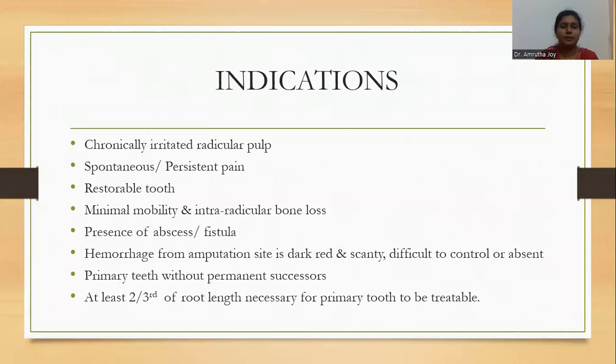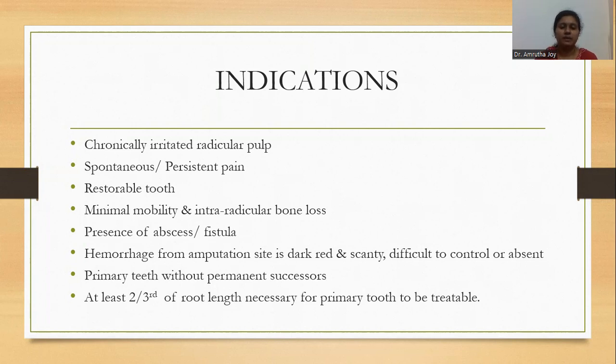Coming to the indications of pulpectomy, they include chronically irritated radicular pulp, teeth with spontaneous or persistent pain, the tooth should be restorable, and minimal mobility and intraradicular bone loss, presence of abscess or fistula, hemorrhage from the amputation site that is dark red and difficult to control, or sometimes if hemorrhage is absent.